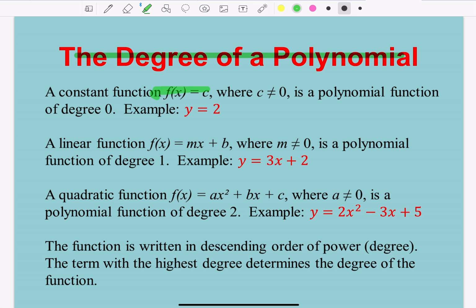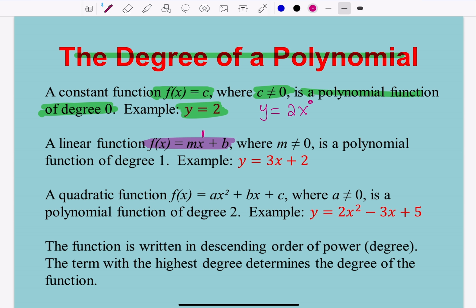A constant function f of x equals c, where c is not equal to 0, is a polynomial of degree 0. For example, y equals 2. That's a polynomial of degree 0, because we can write it as 2 times x to the 0 power. A linear function, f of x equals mx plus b, has a degree 1.